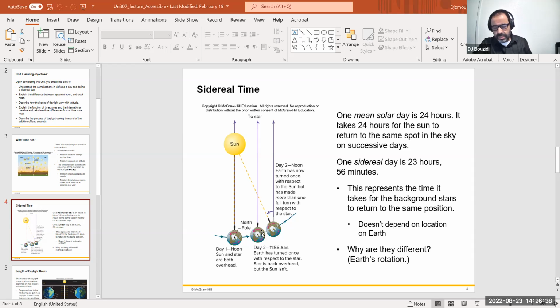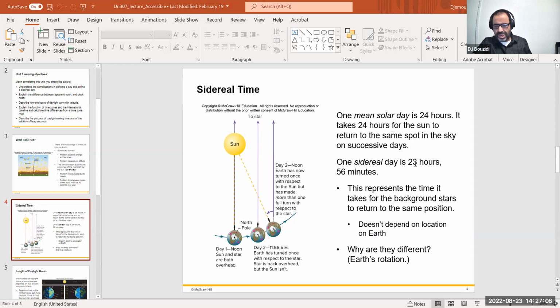For us, the Earth is just spinning fast enough so that the difference is only about 4 minutes. But it's actually several months on Venus. So the problem is really a lot worse for other planets that spin extremely slowly around their axis, whereas they move fast enough around the sun, okay? Or vice versa. So the point being in here is that you need to wait for those extra 4 minutes.